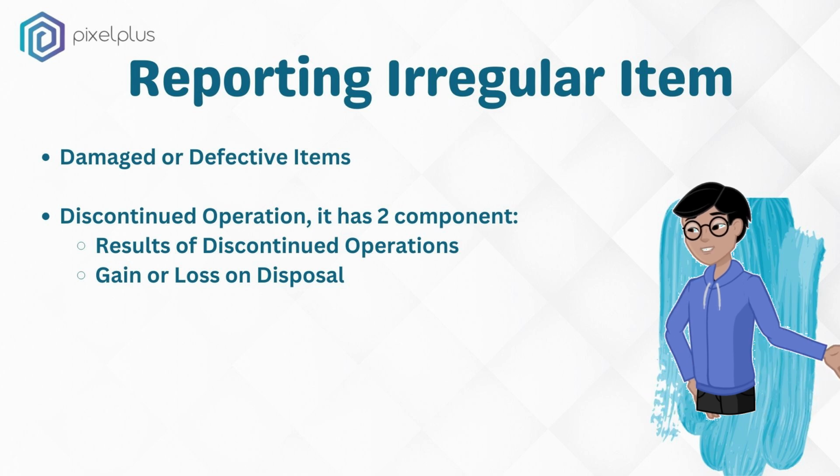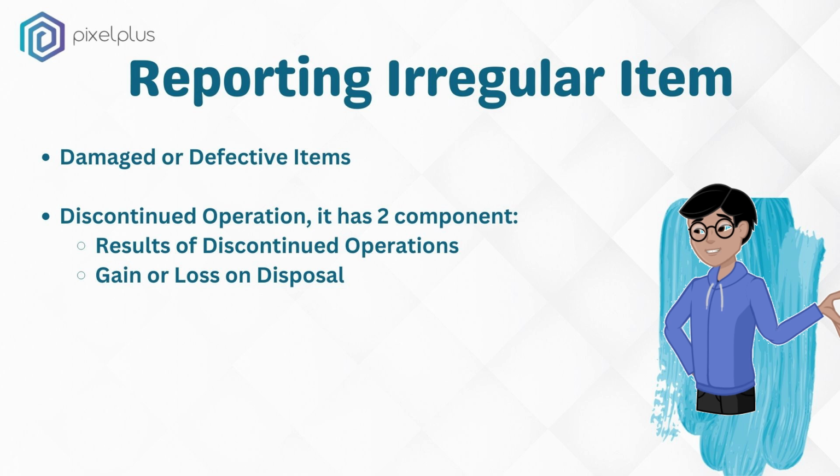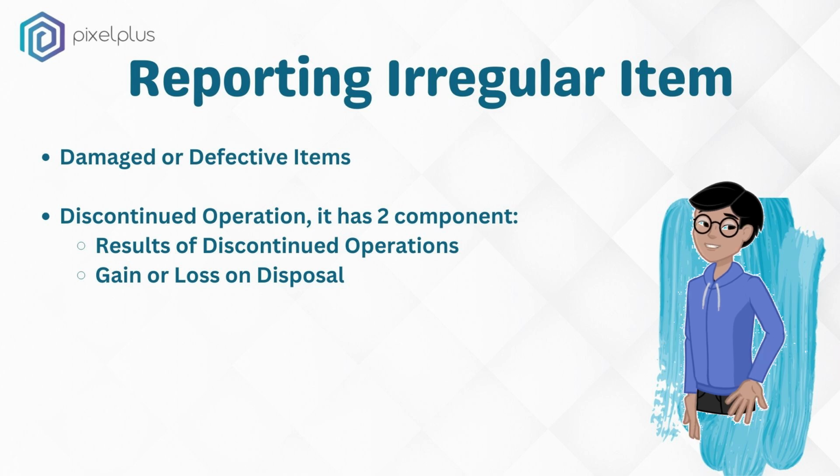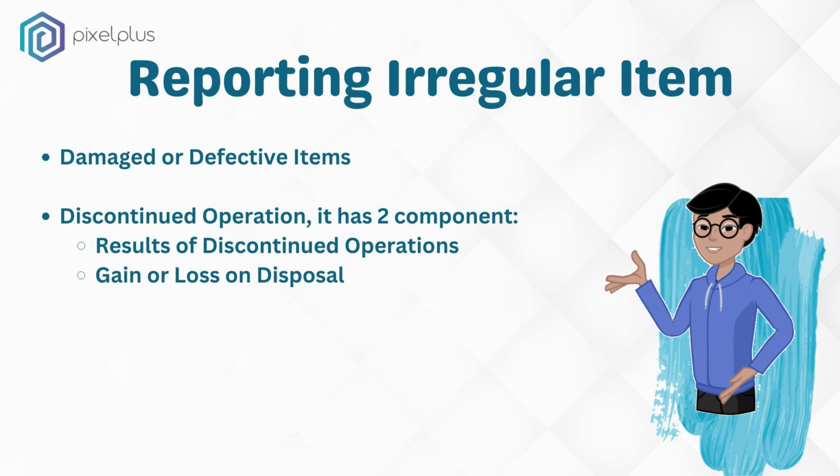Discontinued operation. Discontinued operation refers to the components of a company that have been disposed of or are classified as held for sale. Reporting discontinued operation involves two key components. The first one is the result of discontinued operation.